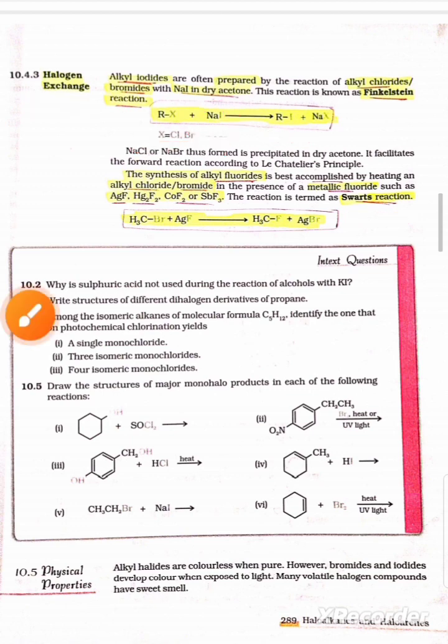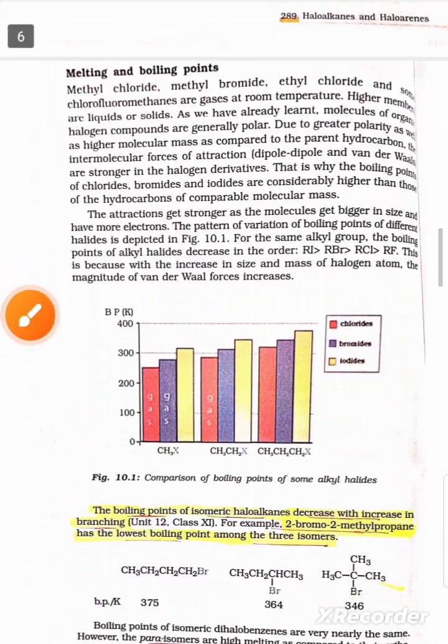Whereas in Swarts reaction, there is a preparation of alkyl fluoride from alkyl chloride or alkyl bromide in the presence of metallic fluorides. In the textbook, these are the examples of metallic fluorides used in the Swarts reaction.